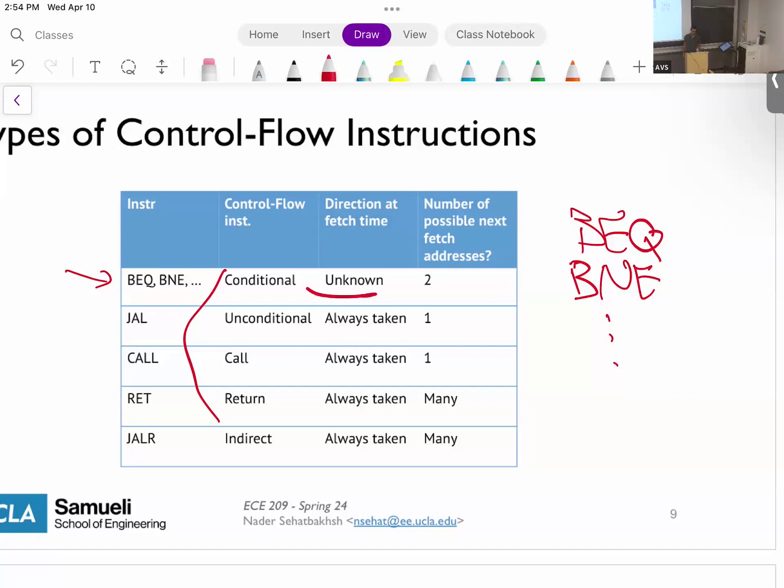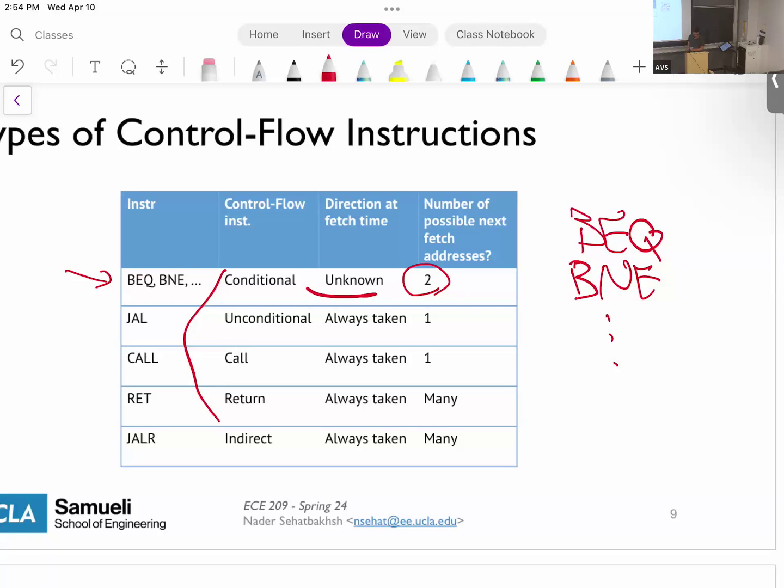The direction of the branch is unknown at compile time because we don't know the values, whether one is going to be bigger or smaller. And then there are 2 possible addresses for this branch. It's either taken and jumps to the label that the branch specifies, or it's not taken and just continues to the next instruction. So 2 possible outcomes, 2 possible addresses, and we don't know the outcome unless we actually execute the instruction.